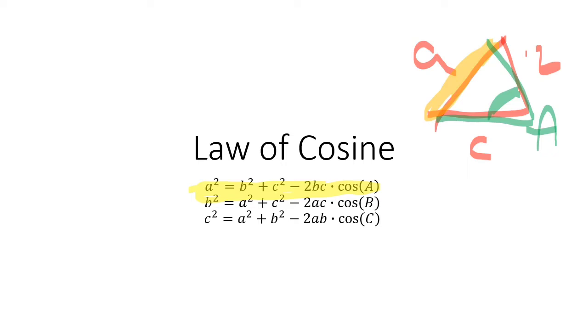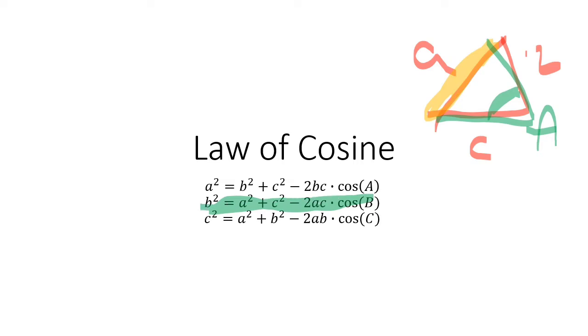Now, if you read it that way, then the other two are actually saying the same thing. If I start off with b squared equals, the other two sides are a and c. So b squared is going to be equal to the other two sides squared, that's a squared plus c squared, minus 2 times the other two, a and c, times cosine b.